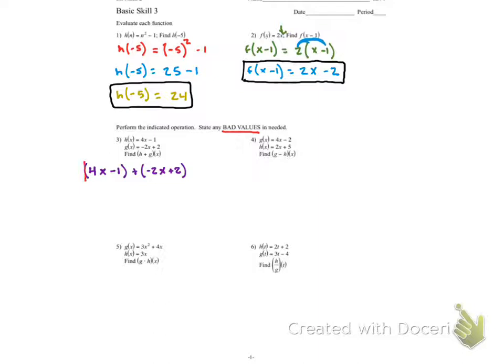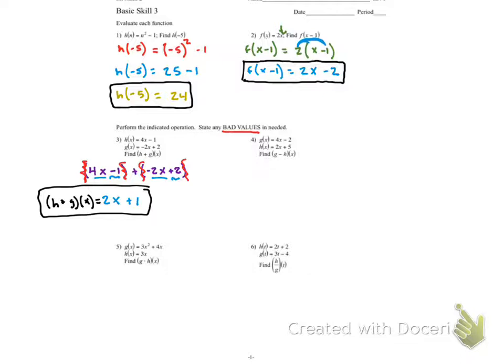You drop the parentheses, don't need these, and go to combine like terms. 4x minus 2x gives us 2x. Negative 1 plus 2 gives us a positive 1. That's our simplified answer. h plus g of x equals 2x plus 1.